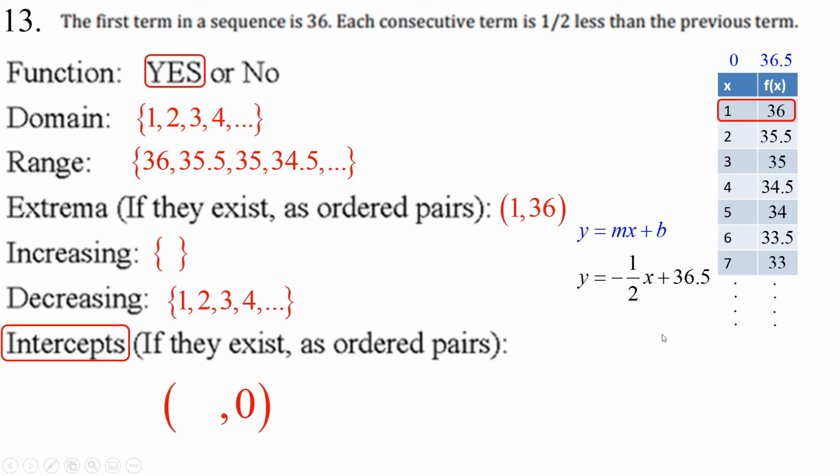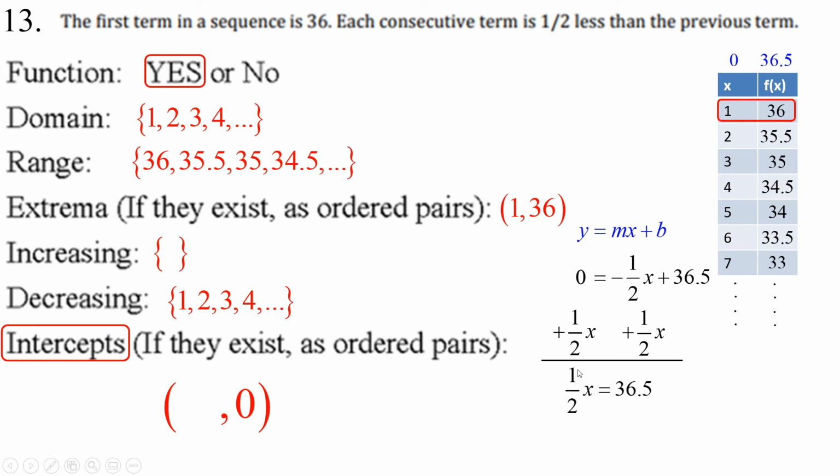But now I want to know, when is this y going to be 0? So let's solve this equation. We're going to get rid of that negative 1/2 x by adding 1/2 x to both sides. On the left we have 1/2 x, and on the right the negative 1/2 x and the 1/2 x cancel, leaving us 36.5.